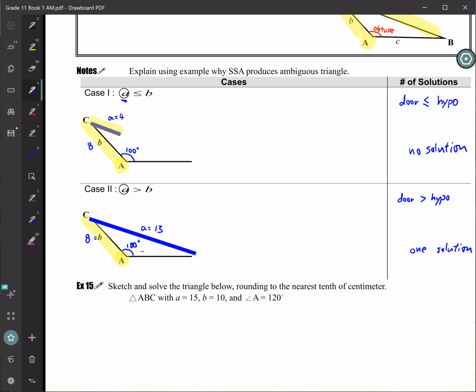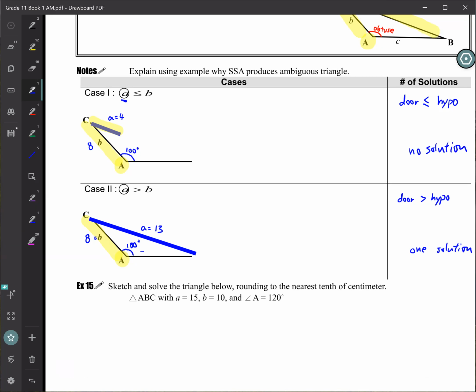You cannot change that. So this side A is really short, too short to touch the side. So then you get no solution.